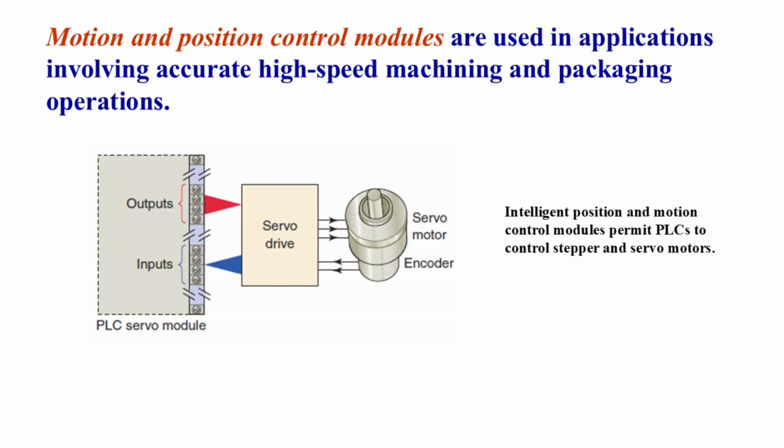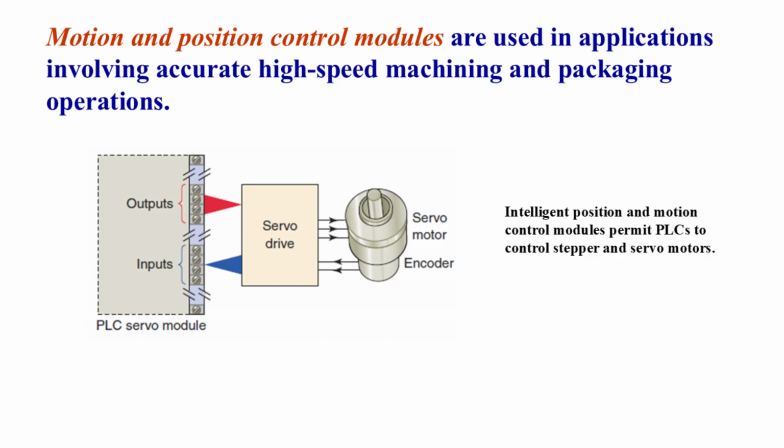Motion and position control modules are used in applications where accurate, high-speed control of movement is required, such as machining, robotics, and packaging systems. These modules allow a PLC to interface with stepper and servo motors, providing precise control over both speed and position. As shown in the diagram, the PLC sends commands through the servo drive, which powers and controls the servo motor.